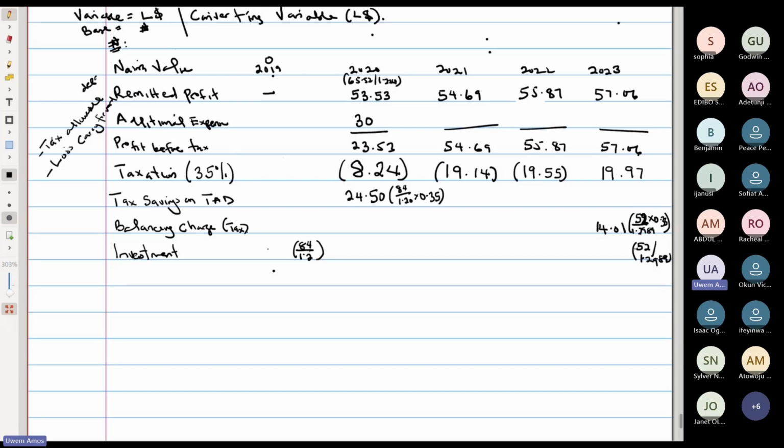So our investment is an outflow from us. So that is 70.